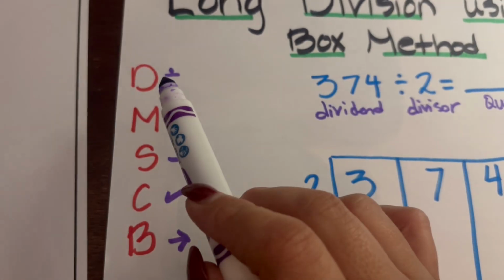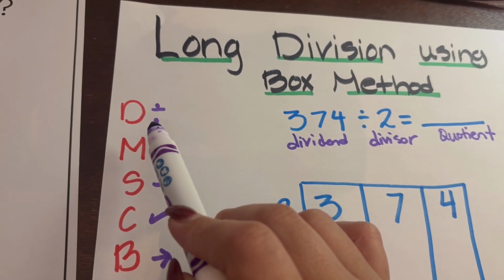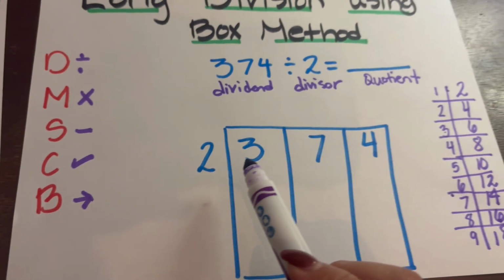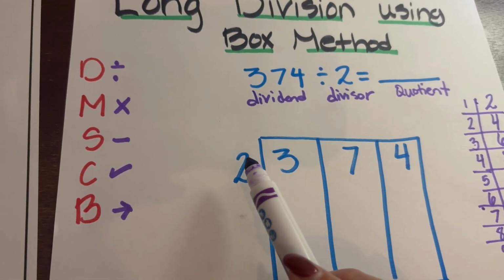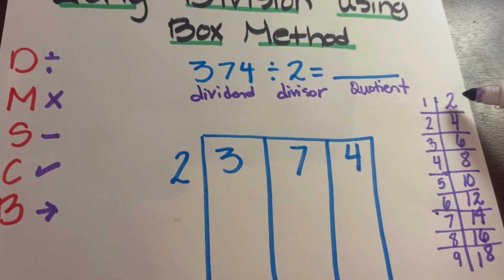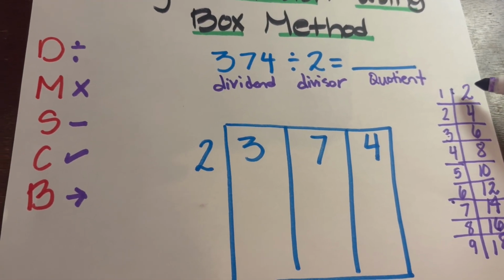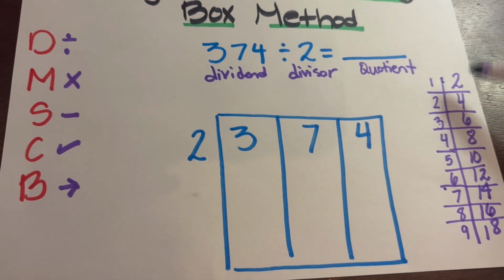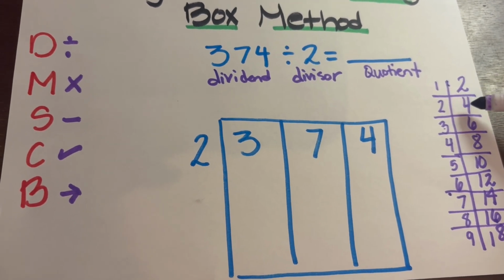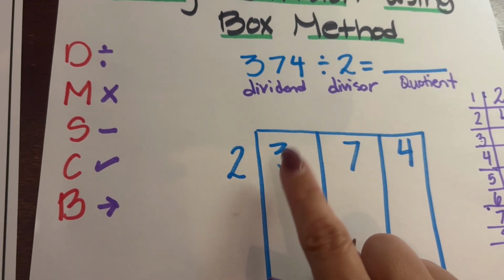Okay, so the first step we have here is to divide. So we have to take the first digit. We have to do 3 divided by 2. Then we have to look over here. Can we divide 3 by 2? Not evenly, right? So we have to use the 2 because a 4 would be too big. We can't pass this 3 up.